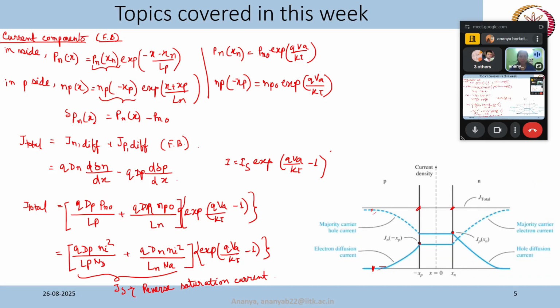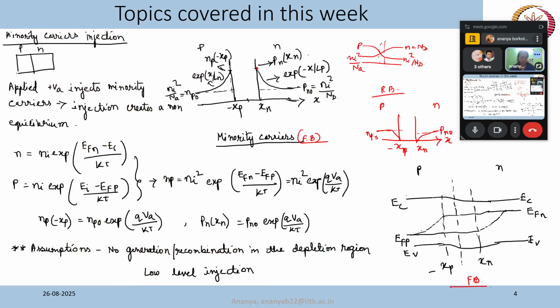What happens in the case of diffusion capacitance, very briefly, is that there are excess carriers, and we know that these excess carriers depend on the applied bias voltage. So with the applied bias voltage, these excess carriers will change, right? And that is how we get the diffusion capacitance.